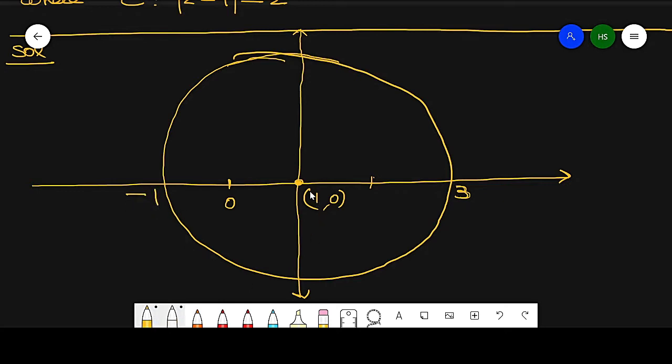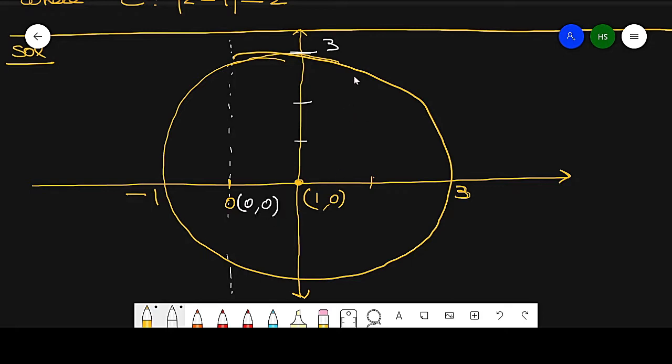This is basically our origin, the point (0, 0).